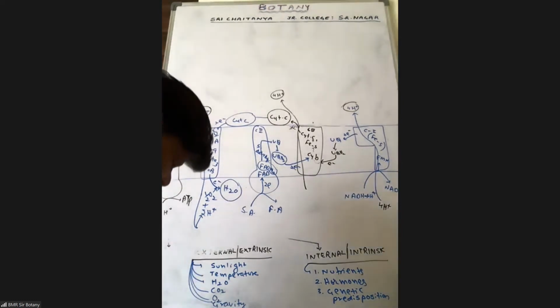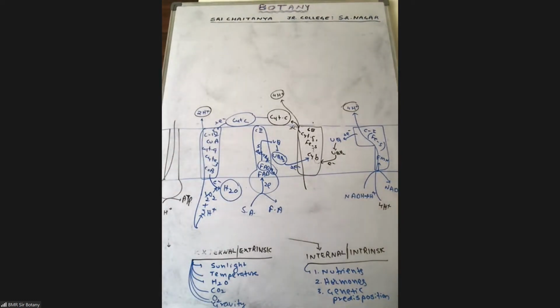Okay, Nana? Now, if I call complex 1 as NADH oxidase, am I right? Yes, it can as well be oxidase or dehydrogenase, Nana. Dehydrogenation is nothing but oxidation only. Removal of hydrogens, electrons, protons is oxidation. You can call it NADH dehydrogenase or NADH oxidase.